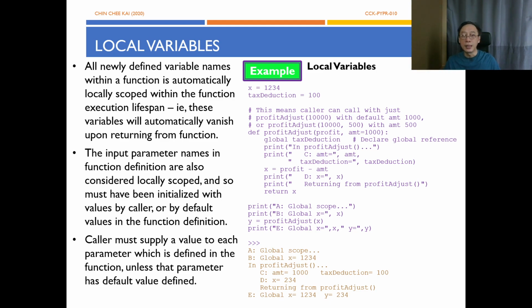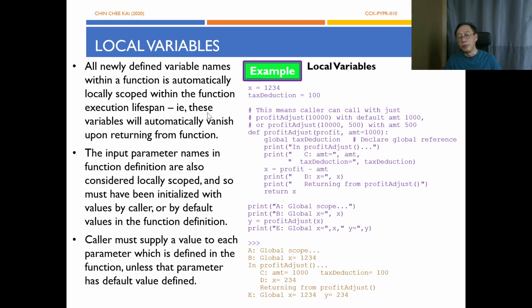So there is this sense of global variables, variables existing outside of the function that we have just defined, and local variables, which are the variable names that we newly create within the function that we have just created.